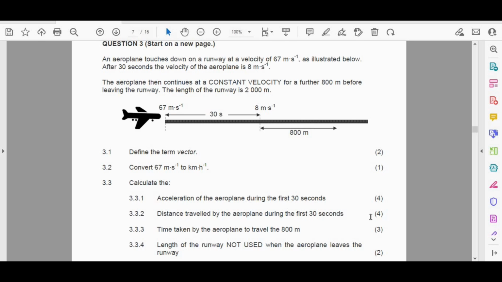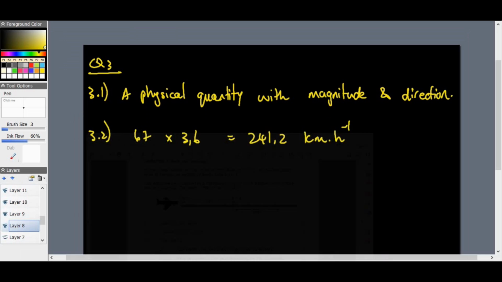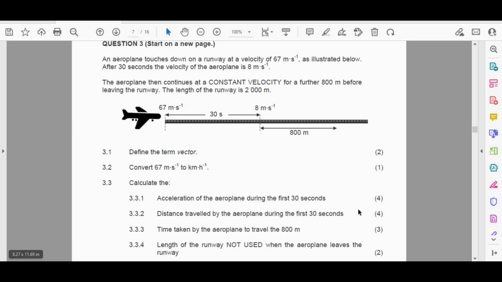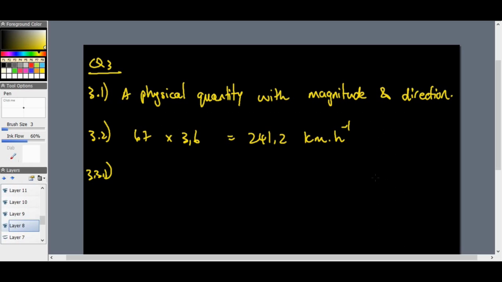3.3.1, calculate the acceleration of the airplane during the first 30 seconds. Now, this is an equation of motion question. So now we're going to use what we know. First of all, we know that the airplane touches down at a velocity of 67, so VI is equal to 67 meters per second.